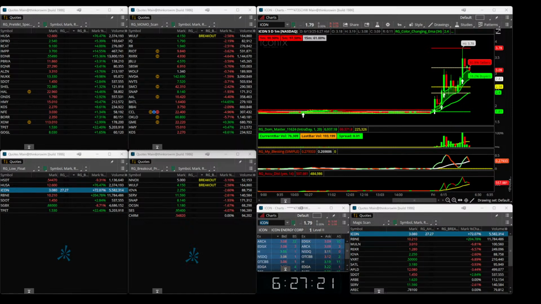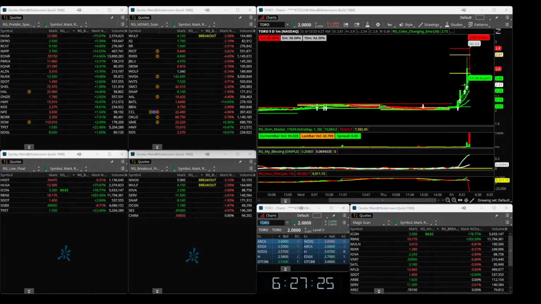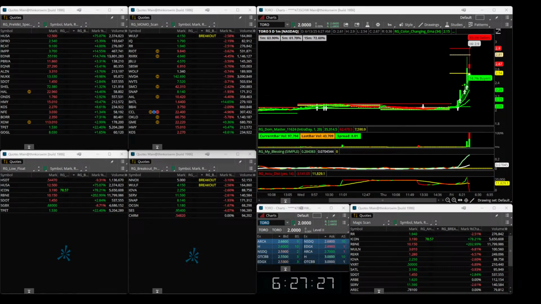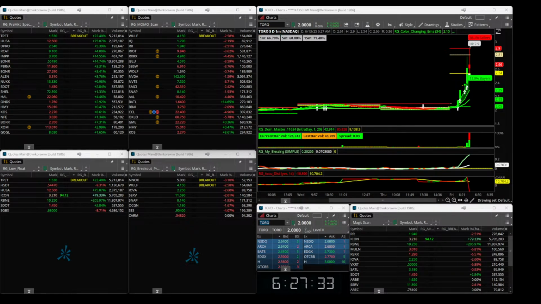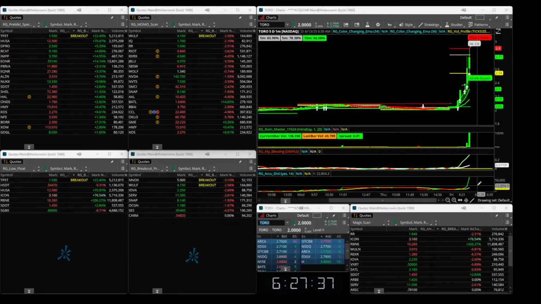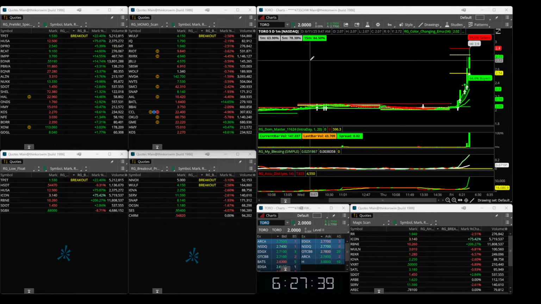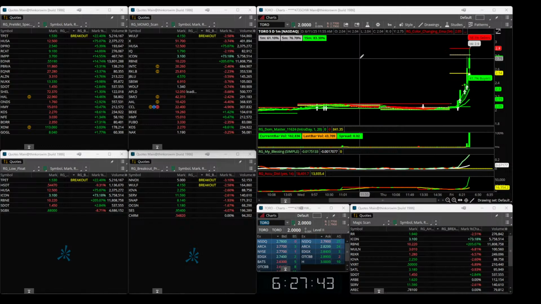TORO. Let's take a look at that one. All right, we got 2 wicks on the top. Be very careful here. We're in the beginning of it. Let's see if it can push. Watching that money flow down below. We don't want to see any red down here. We need it to flip around. We need green up here. Where's it all at?